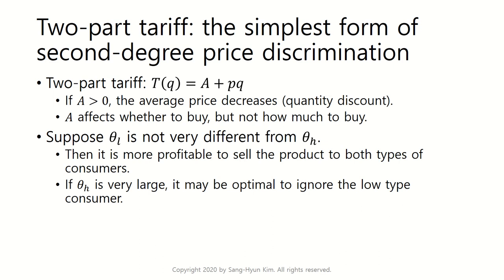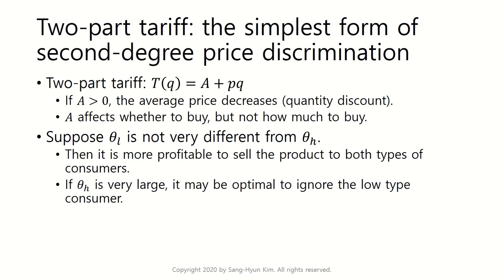So let's move on to the next, more interesting situation. It's the situation where the seller does not know the type of the buyer. In that case, we can use the second degree price discrimination, or sometimes we call it nonlinear pricing, because it's not linear.